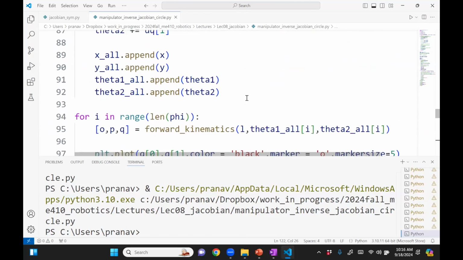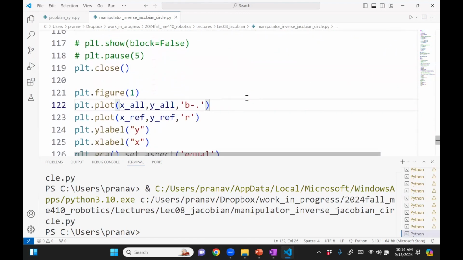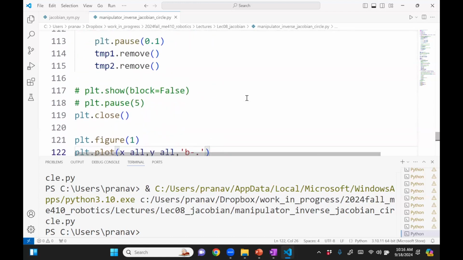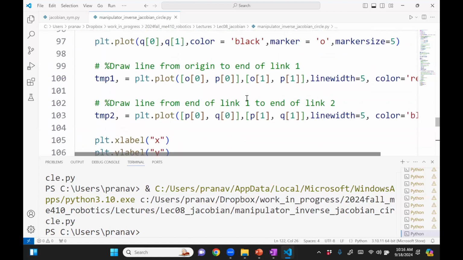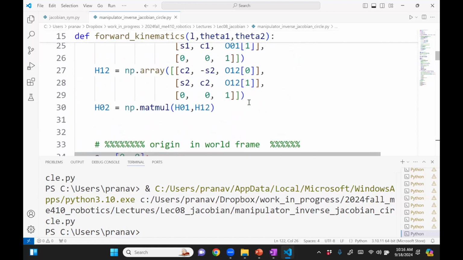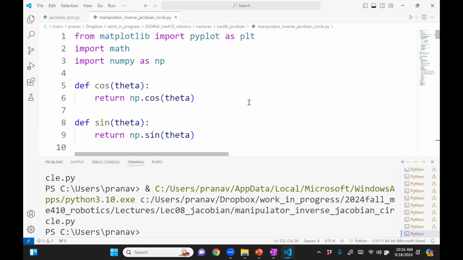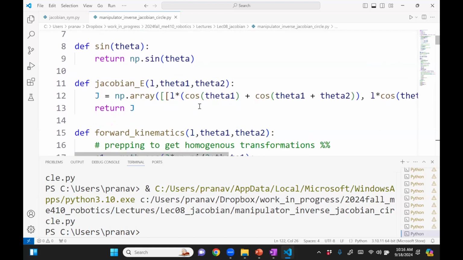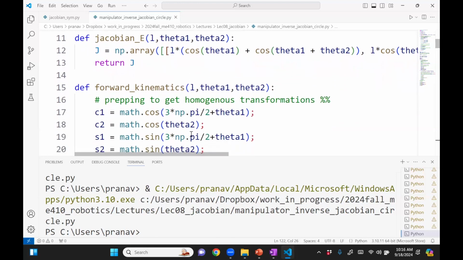Okay, so let's see. This is basically about 130 lines of code. To break it down, this is essentially taking some of the code which we wrote for the forward kinematics and inverse kinematics, except that I've replaced fsolve with something different. So the Jacobian of point E, that is a formula we derived some time back. The forward kinematics comes from some of the earlier code.